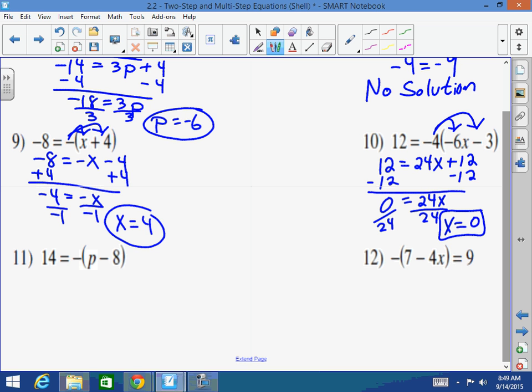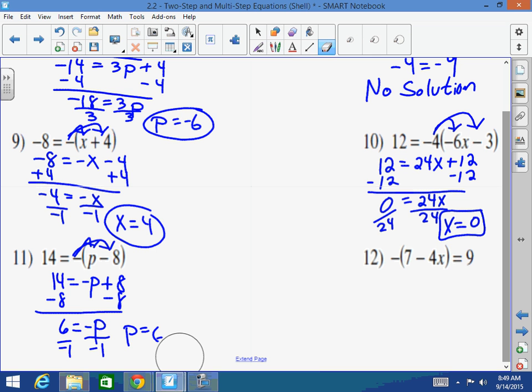Number 11, I've got a negative being distributed here, so I must distribute it. So I've got 14 equals negative p plus 8. Subtract the 8 to both sides. 6 equals negative p. Divide both sides by negative 1, gentlemen, and p equals negative 6.